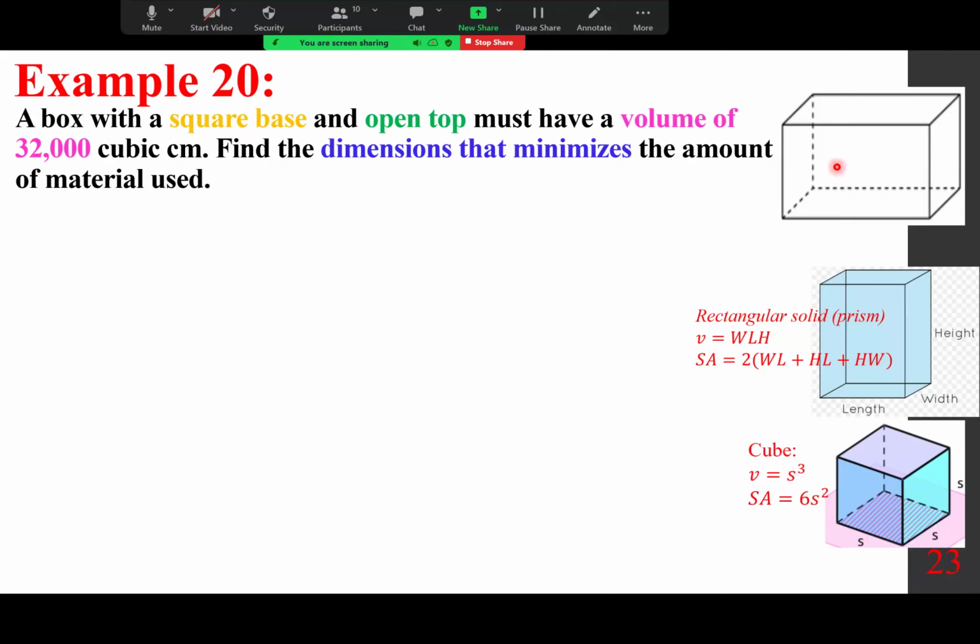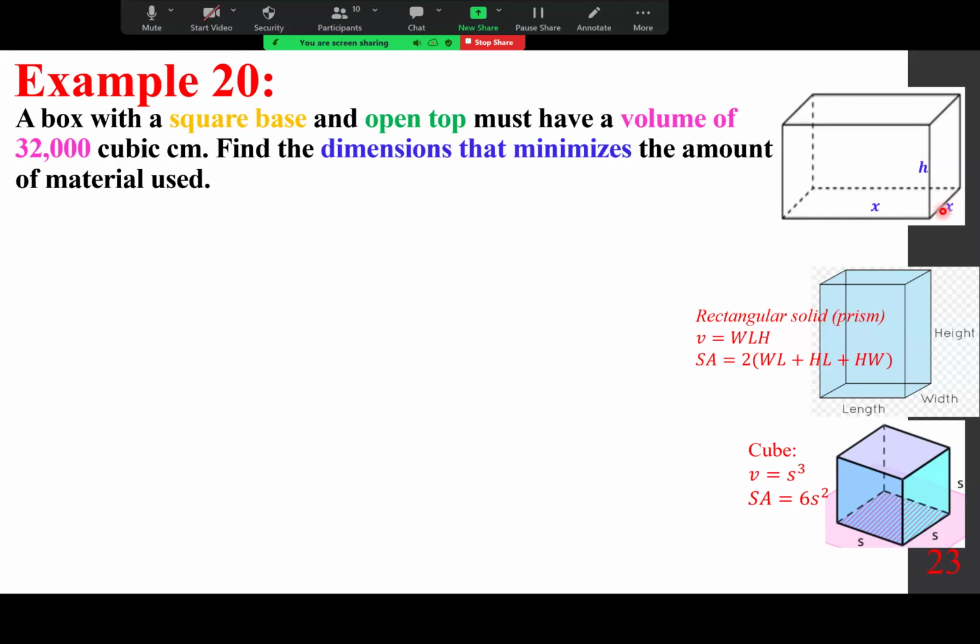In this case, let's define our variables. It's x by x by h. The reason it's x by x is because it's a square base. The idea is to minimize the surface area. Normally, the surface area would be 4 identical walls.